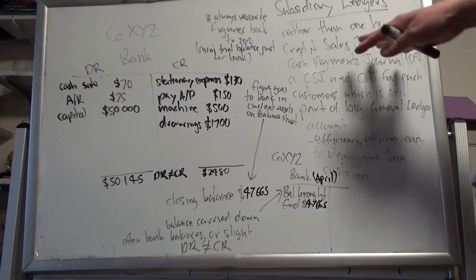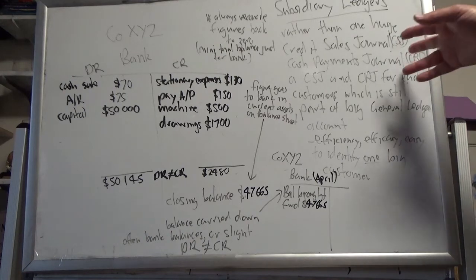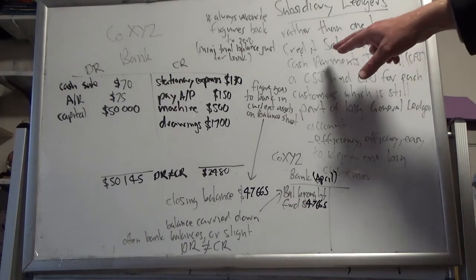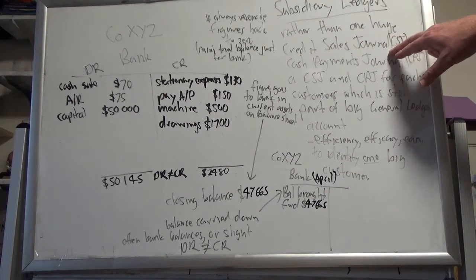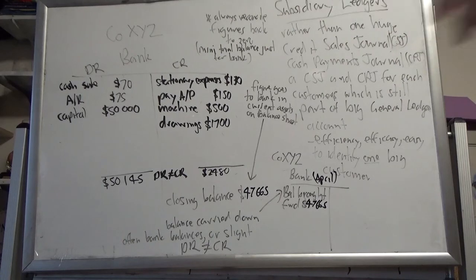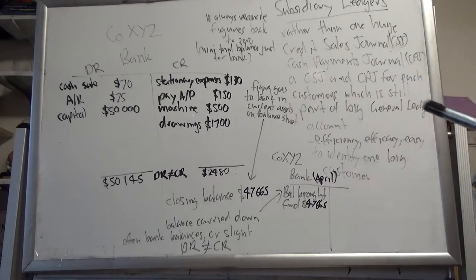They need to divide up all those individual customers into separate subsidiary ledgers, yet all those customers are still part of the sales journal, but you just add up all the little subsidiary ledgers for each customer. Similarly, these companies are so big with cash payments, they have to divide up their payments journal with all their individual customers with separate subsidiary ledgers.